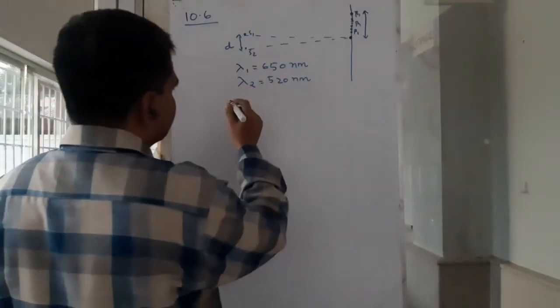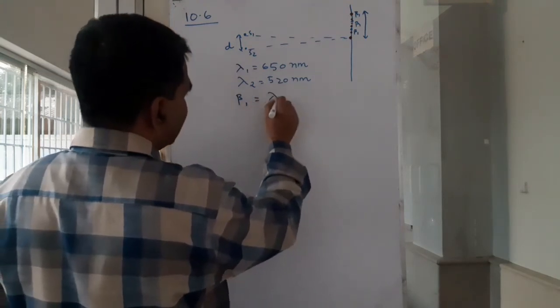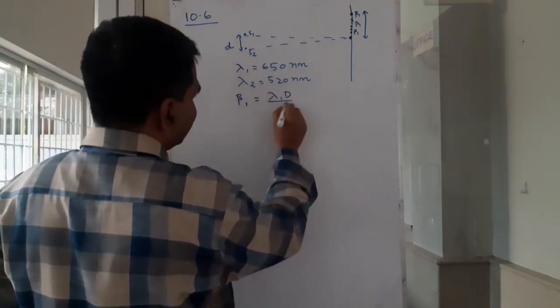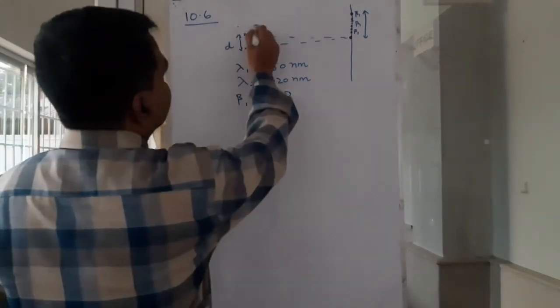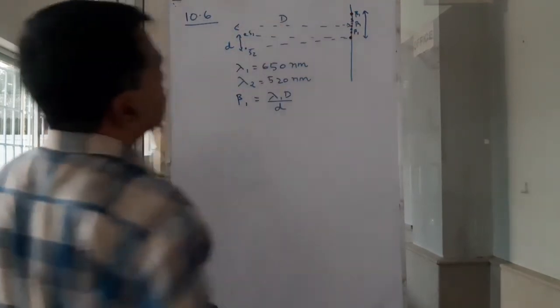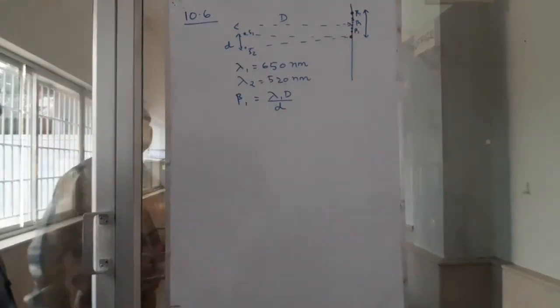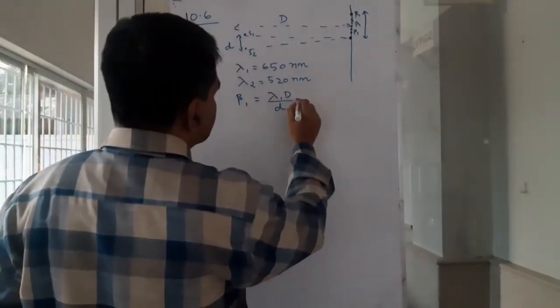So we know the bandwidth, right? The bandwidth for lambda 1 would be lambda 1 D by d, because d and D will be the same for both, and this will be your distance. We know this. Everything else is given.